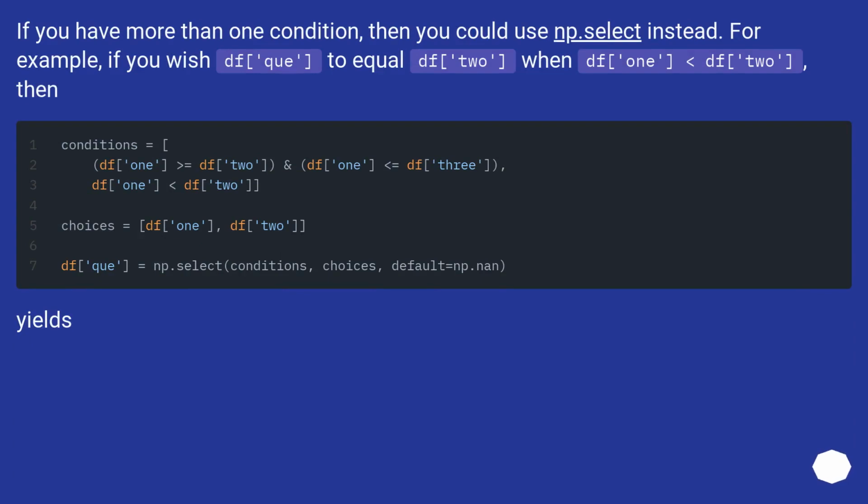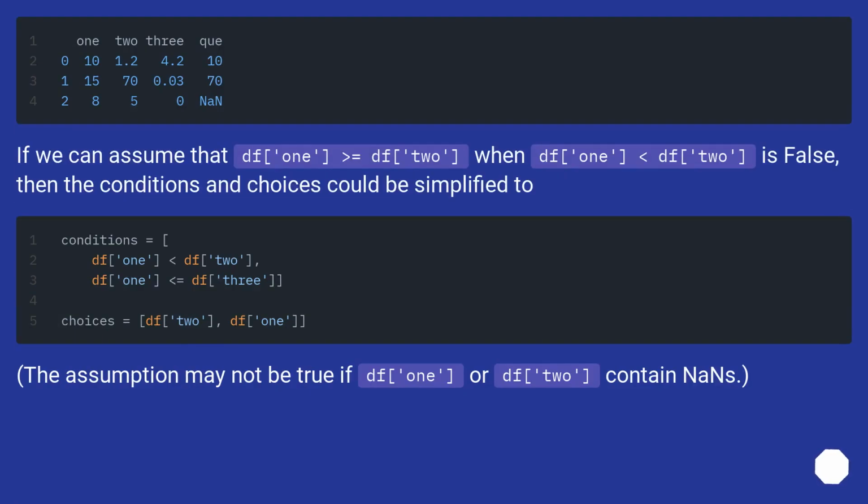If you have more than one condition, then you could use np.select instead. For example, if you wish dfk to equal df2 when df1 is lower than df2, then: yields: If we can assume that df1 is greater than or equal to df2 when "df1 is lower than df2" is false, then the conditions and choices could be simplified too.